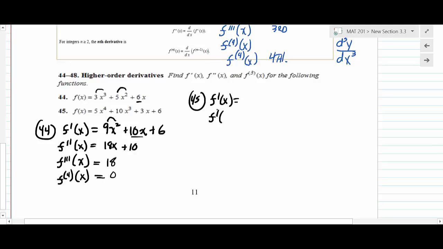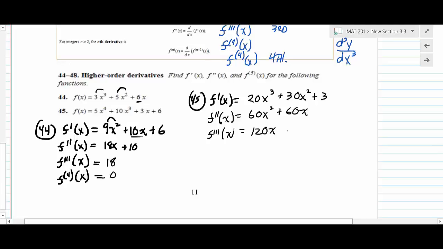But if you do, you'll eventually get to 0 since it's a polynomial. Okay, so that's what I got on that one.